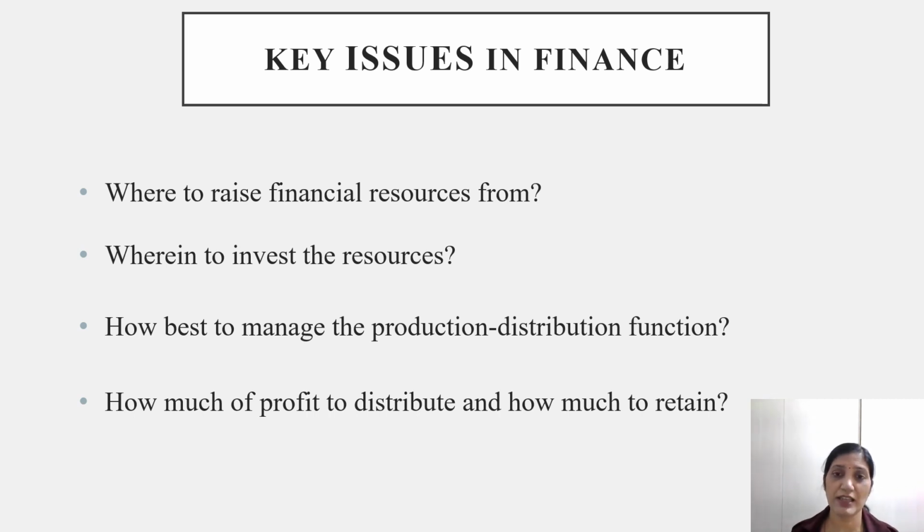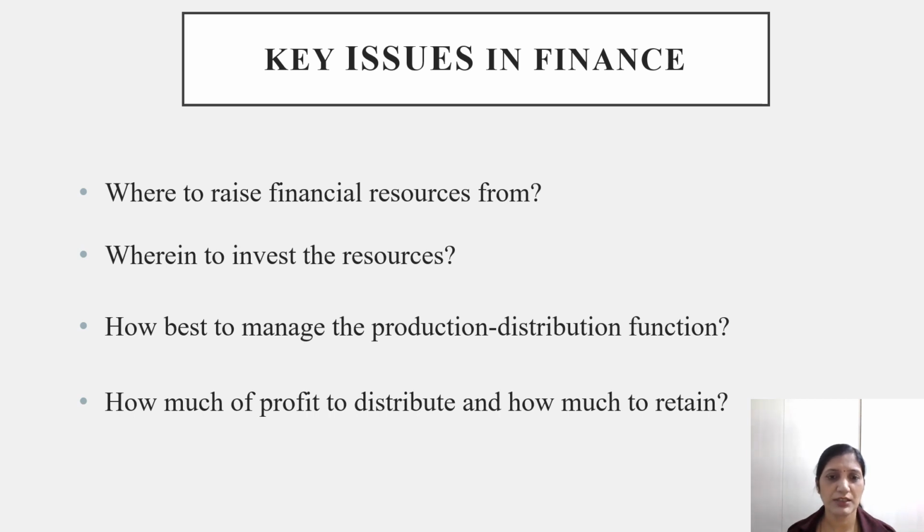Where to raise the financial resources from? That means from where you should get the money to purchase your asset or to start a new venture. Wherein to invest the resources? If you invest in which venture do you get more profit? How best to manage the production distribution function? This is very important.